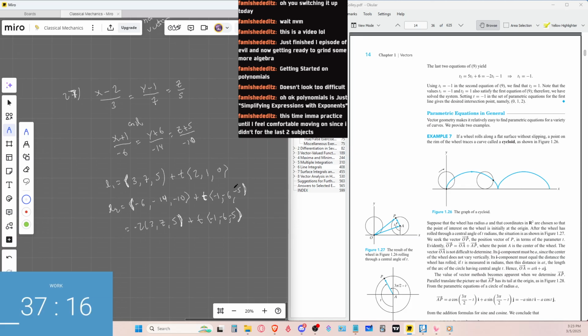So the thing is, how are they the same line? I mean, if you did a little trick, you can basically maneuver it so they're the same.